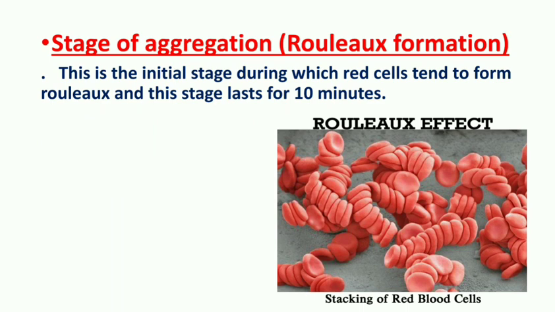This is the initial stage during which red cells tend to form rouleaux, and this stage lasts for 10 minutes. Rouleaux means RBCs forming a stack like coins. You can see here in the figure. This takes about 10 minutes.